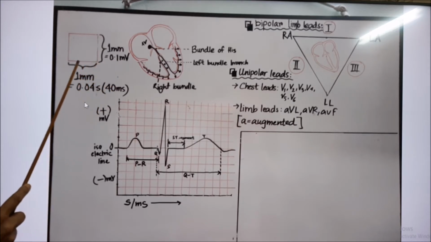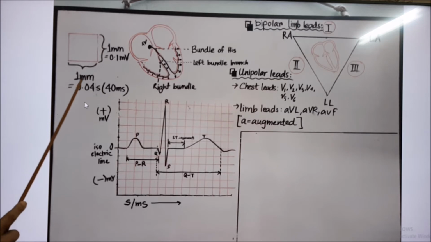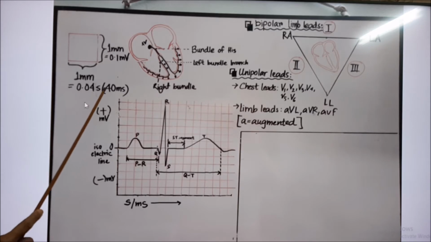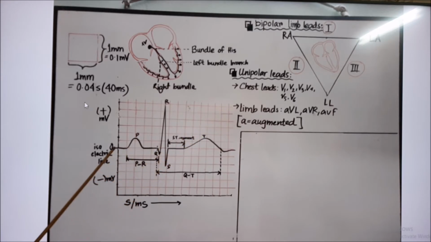Next, come to the breadth, or horizontal line. It is 1 millimeter again. It denotes 0.04 second, equivalent to 40 milliseconds. Now you see this is the graph of an ECG.